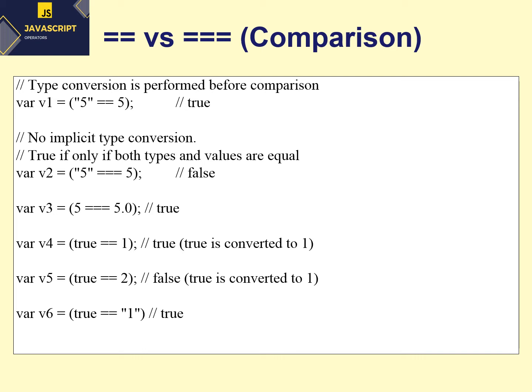Both come under the number data type. Actually, 5 and 5.0 are integer and floating numbers, but the thing is that both should be treated as a number data type, and it produces a true value.